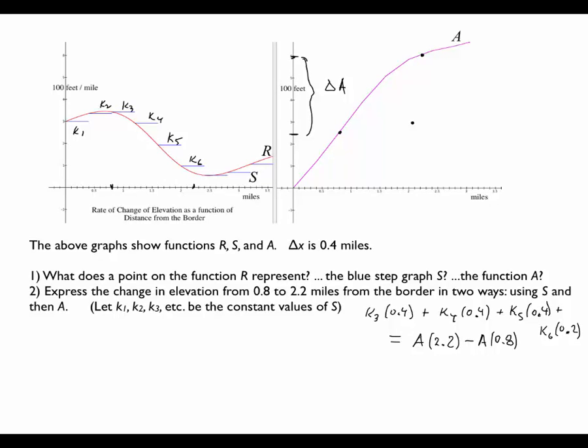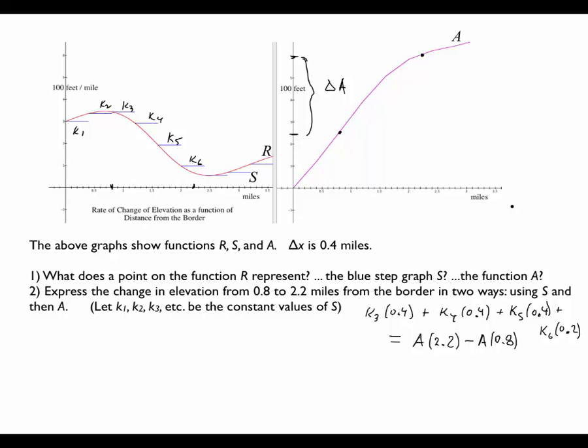I don't divide. I just want to know how much the elevation changed. We just summed up a bunch of little changes in elevation. And another way to do that would be to take the final elevation at 2.2 miles minus the elevation at 0.8 miles. Okay, so those are the two ways you can express that.